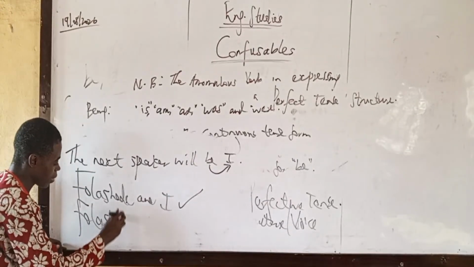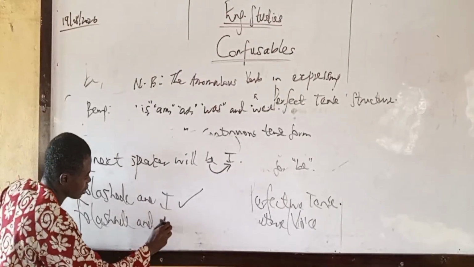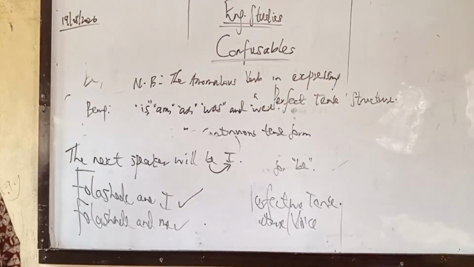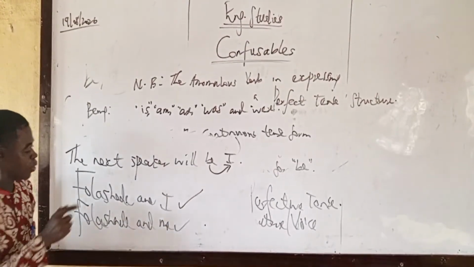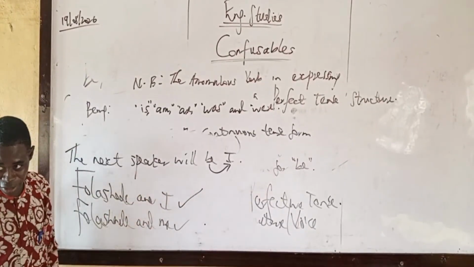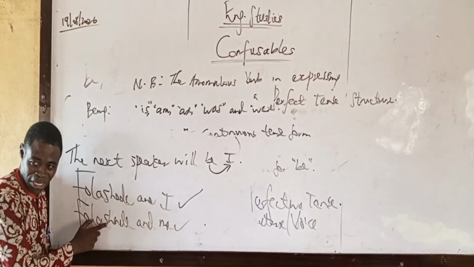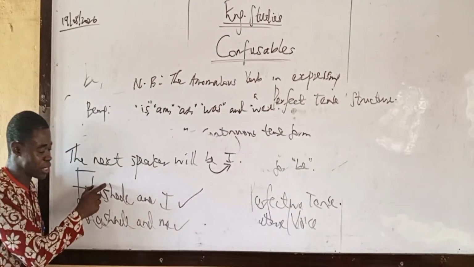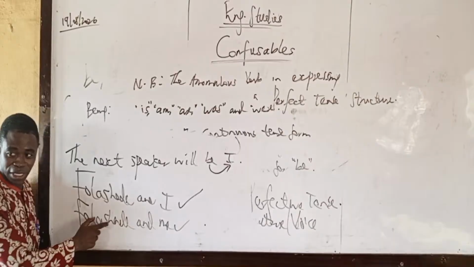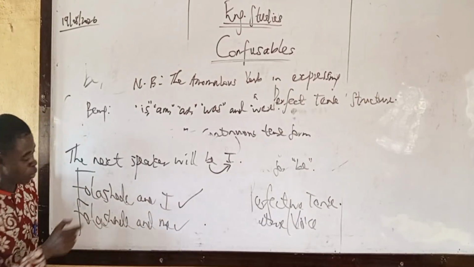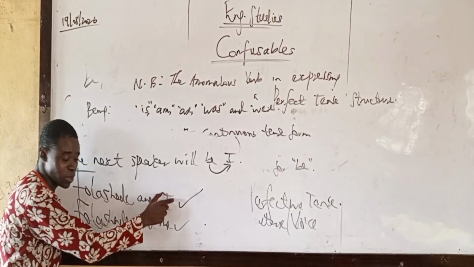Folashade and me, correct? However, on the condition that Folashade is a subject here, this is a subject, correct? Folashade is an object here, this is an object, correct? But Folashade cannot be subject and object at the same time.